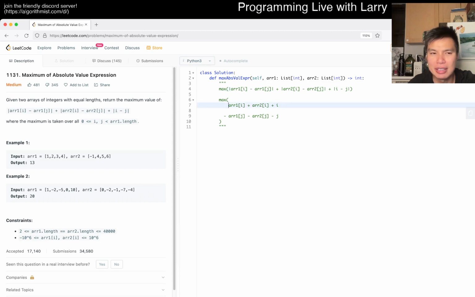Because the signs could be negative here, right? I'm trying to think how I would do it in a smart way. Unless I misread this, you can't just do it this way.